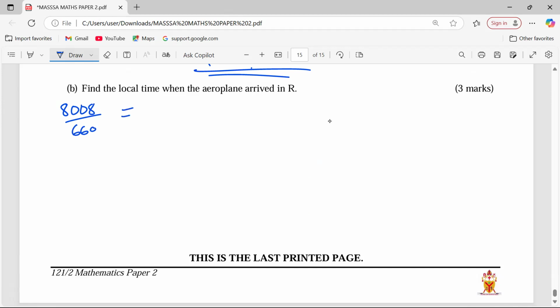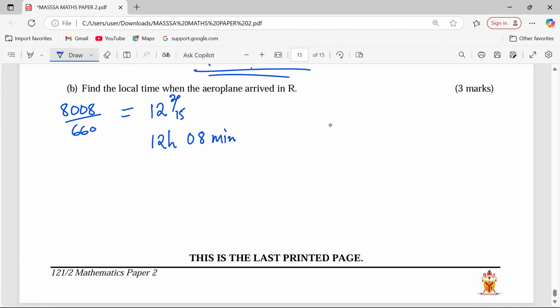So 8,008 divided by 660. I'm getting 12 hours and 2 out of 15. So these are 12 hours and 2 over 15, which can be converted to minutes. And this is 8 minutes.